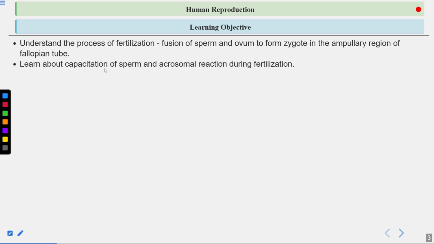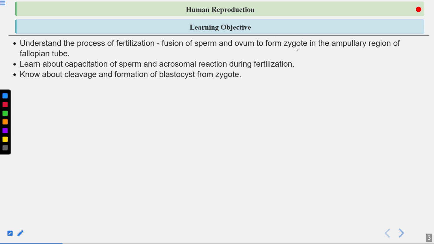Then we'll learn about the capacitation of the sperm and the acrosomal reaction during fertilization. So we will understand the importance of capacitation of the sperm and the importance of the acrosomal reaction during fertilization. Then we'll talk about the cleavage and formation of the blastocyst from the zygote.